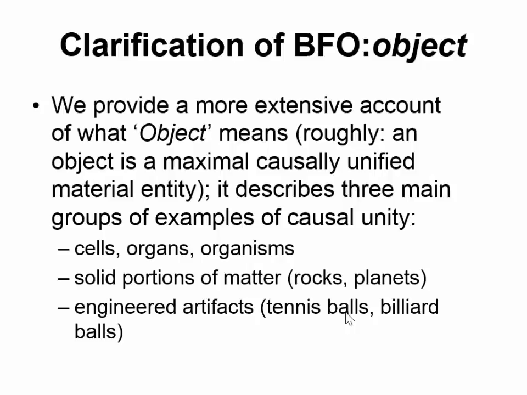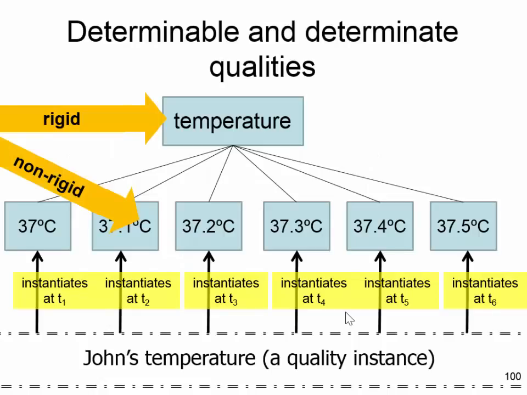Another feature of BFO 2.0 is the distinction between more general qualities, such as temperature, and more determinate qualities, such as 37 degrees Celsius temperature. 37 degrees Celsius temperature is a subtype of temperature. What that means is that every instance of 37 degrees Celsius temperature is an instance of temperature.